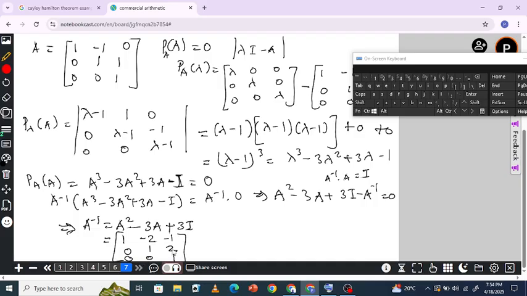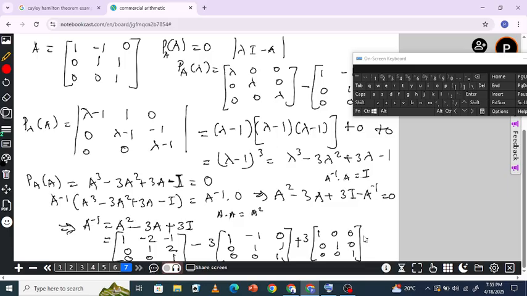That's the square of A. A squared is simply A times A, meaning you're multiplying the matrix A by itself, minus 3 times A, which is 1, negative 1, 0, 0, 1, 1, 0, 0, 1, plus 3I, which is 3 times 1, 0, 0, 0, 1, 0, 0, 0, 1.